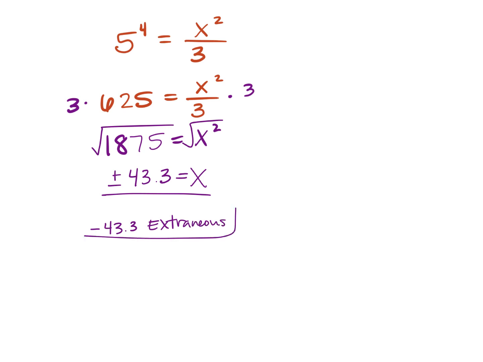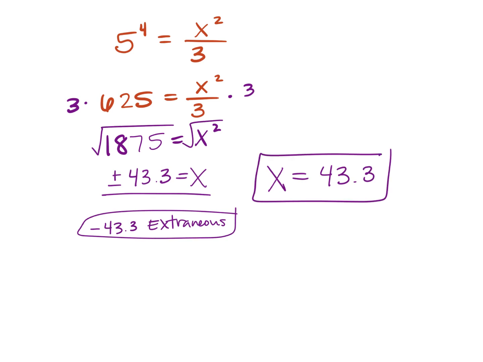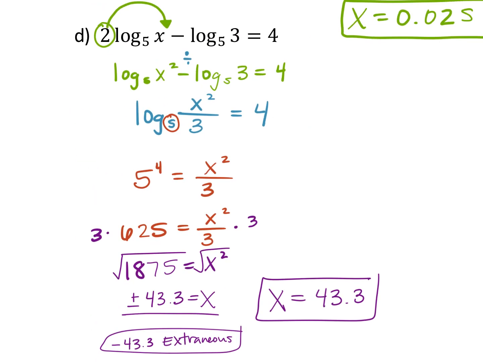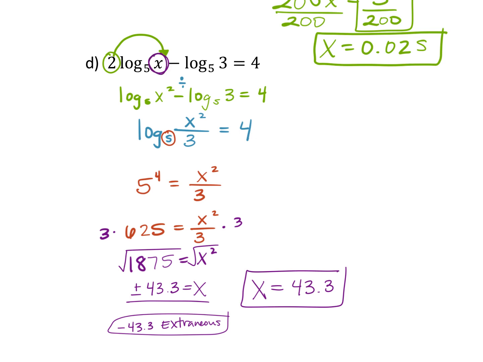So really it benefits you to forget the plus or minus, because the negative one doesn't work, even though technically you get that. So your answer is just 43.3, because you cannot take the log of a negative number, and that's what it would require if you plugged in a negative right there. 2 times the log of a negative 43.3.